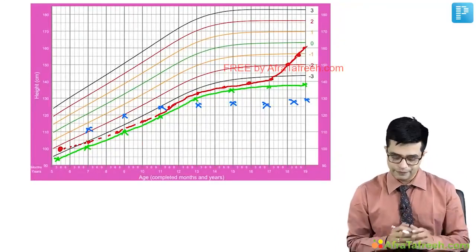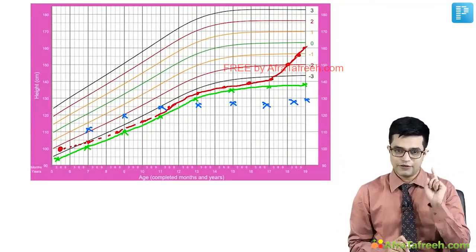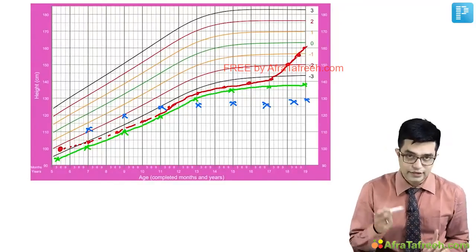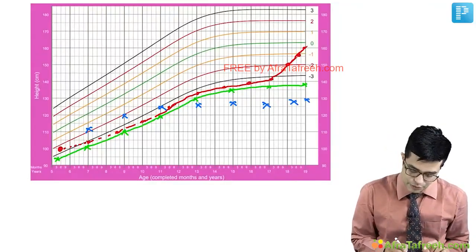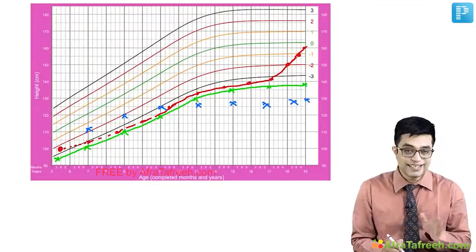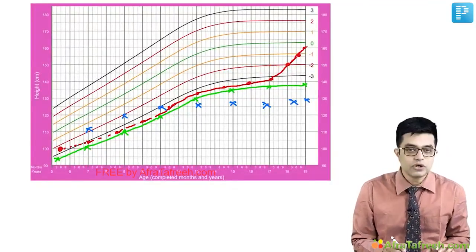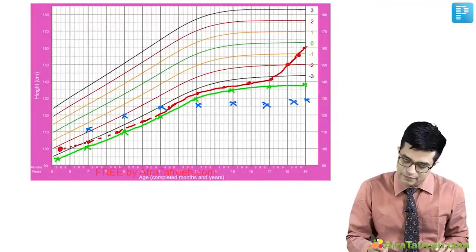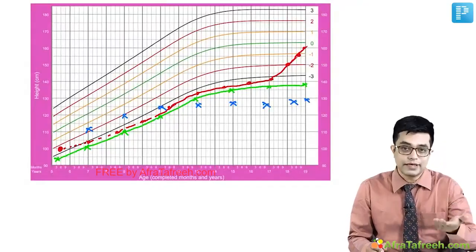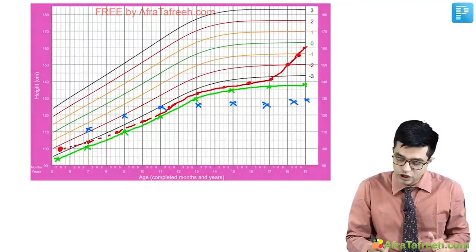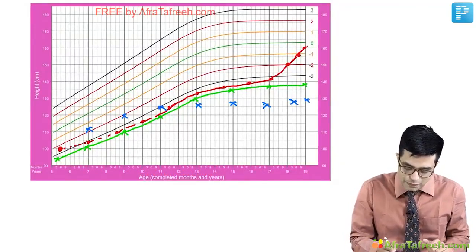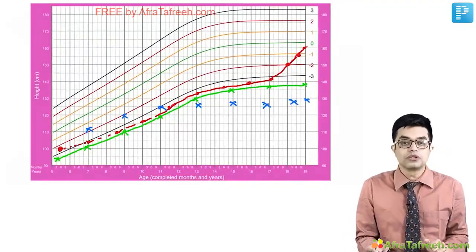So short stature toh hai. Look at the first child, the green colored child. It was below -2, even below -3 centile at the beginning, and remained below third centile, below -3 standard deviation throughout the childhood, and the curve was always parallel to the other growth curves.